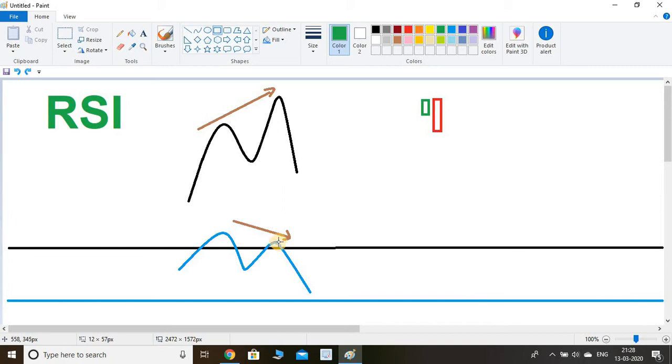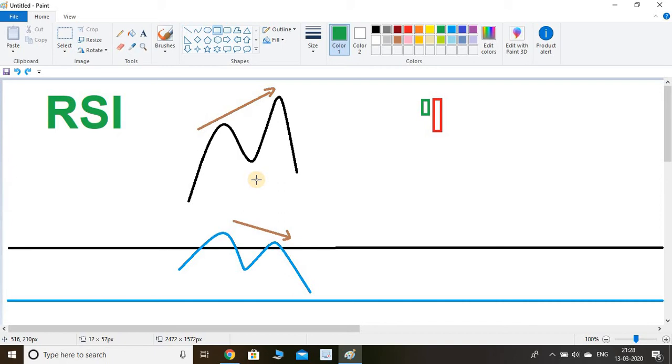What it is showing is that while price is making a higher high, RSI is not making a higher high, which means there is hidden bearishness. You can say the strength of this high is not so much like the previous one, so be cautious.